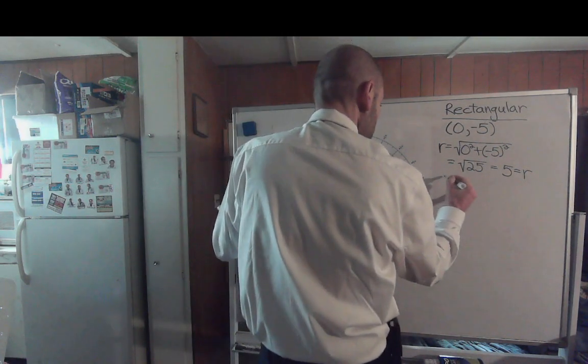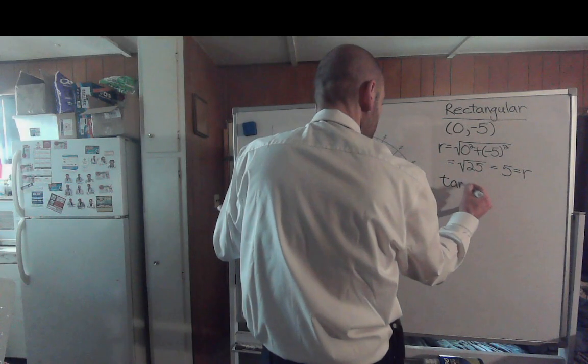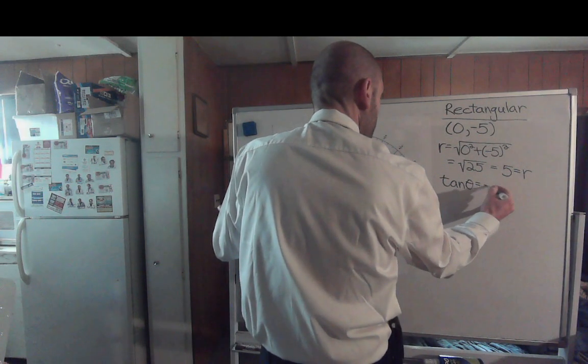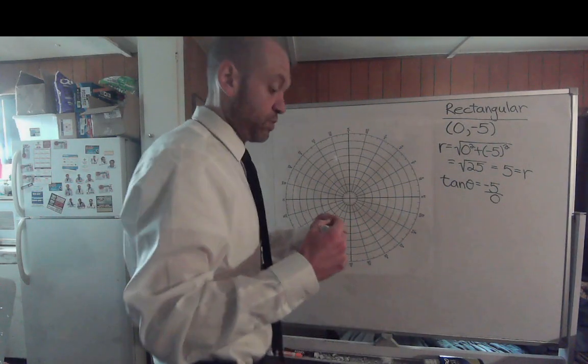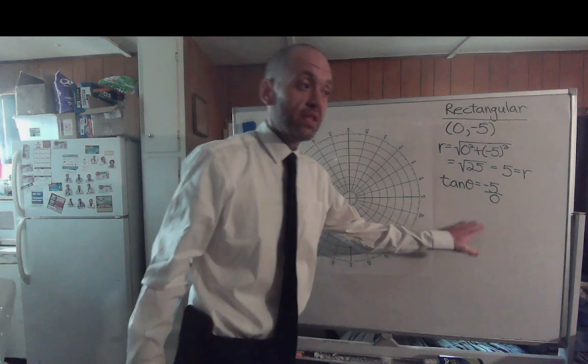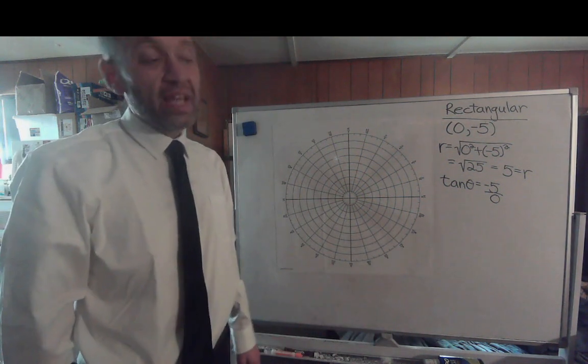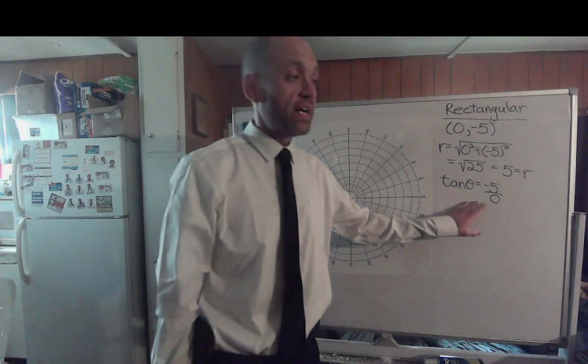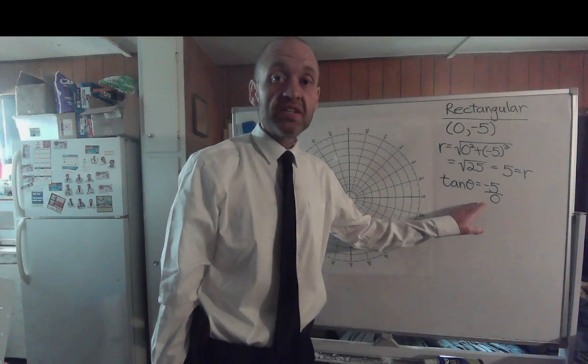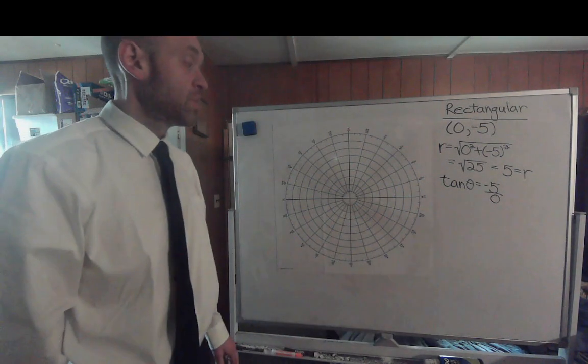So you're going to have the tangent of theta equals negative 5 over 0. And you're going to say, well, that's undefined. We can't do anything with it. Well, yeah, that's true, but even having an undefined tangent does give us something to go on.